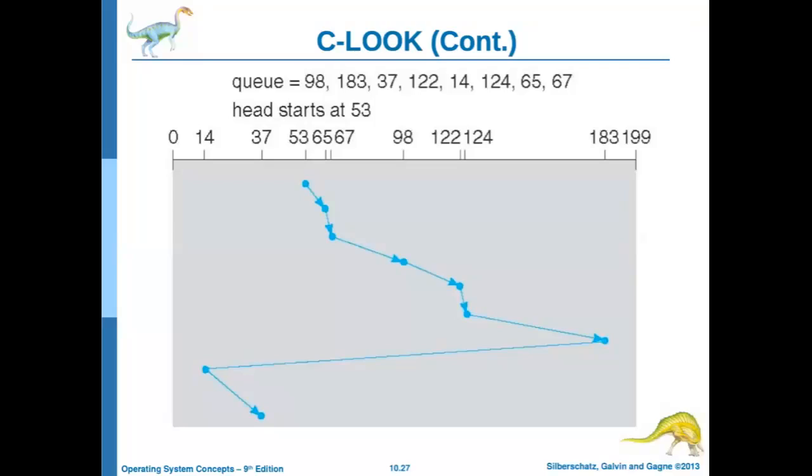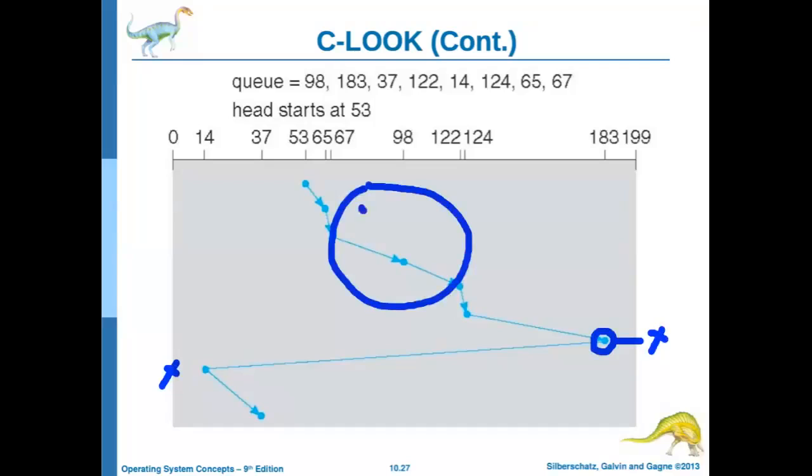Okay, so the only change here is that from 183, it doesn't go to the end. It doesn't go to the beginning, that is at the 0, right? So directly from the last, that is 183, it will move to the first, that is 14. So this will definitely be helpful if your requests are dense at certain places, for example like this.